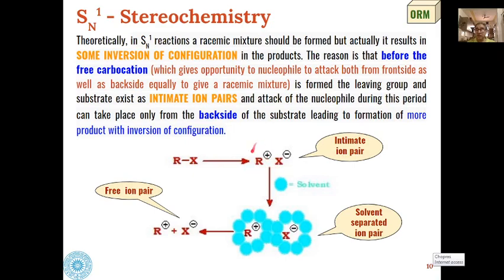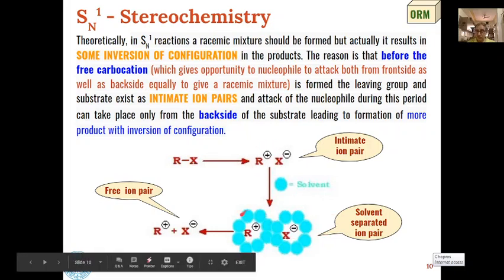Because of the opposite charge, they are present as intimate pairs, that means because of their attraction, the nucleophile cannot interact with this carbocation, and then the solvent will solvate these intimate pairs. Then these ions will be separated by this layer of solvent. So a solvent separated ion pair will be formed, and after that we will get free carbocation and free anion.